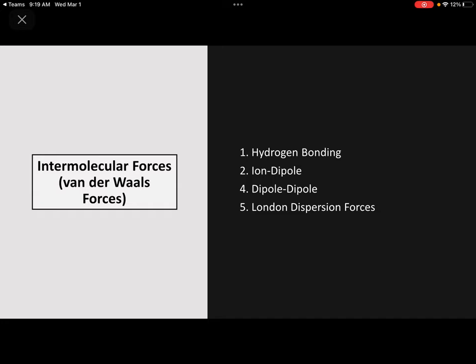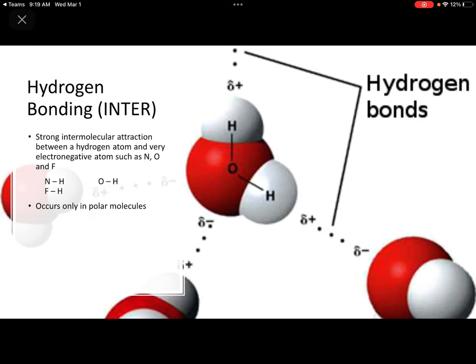The difference between these, though, is whether they are between polar molecules or non-polar molecules. Dipole-dipole and hydrogen are between polar molecules. London dispersion forces are between non-polar molecules.